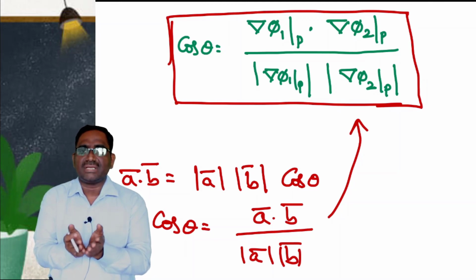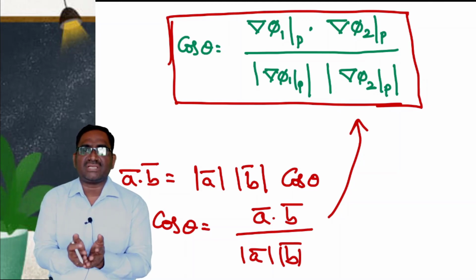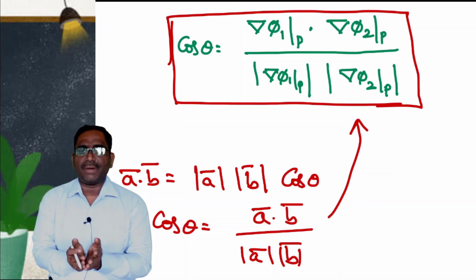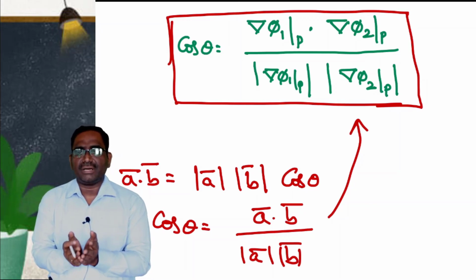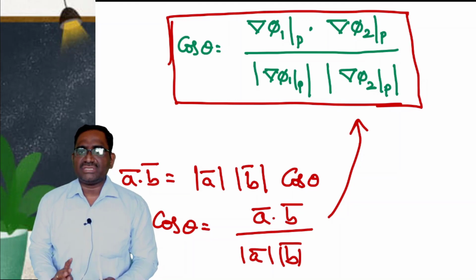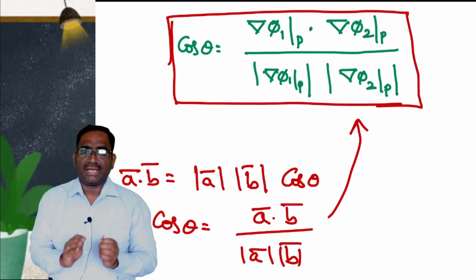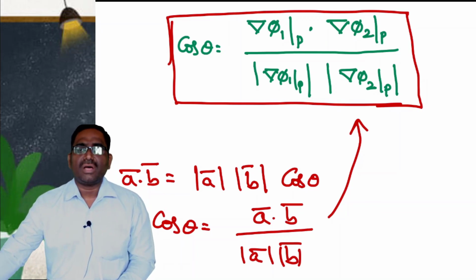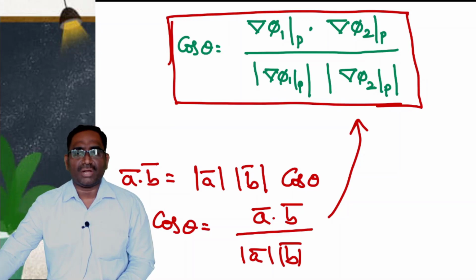That gives us the angle between two level surfaces, which is cos theta equal to del phi 1 at p dot del phi 2 at p by modulus of del phi 1 into modulus of del phi 2, right? So these are the various formulas in gradient. Next we are going to do problems on all these formulas, right?